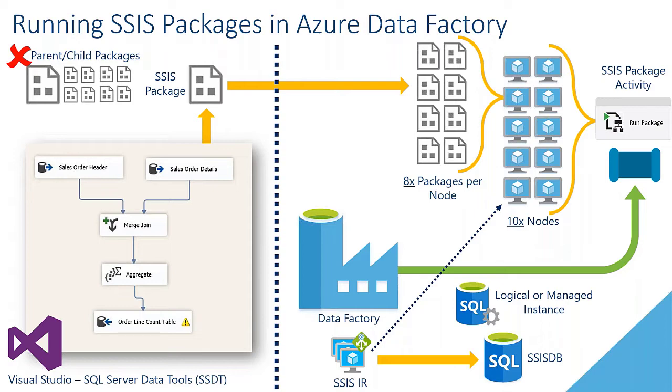But that run package activity, of course, is only going to call one package, so we will need to think about how we scale out those packages if we do move over to the Data Factory side of things. So just bear that in mind. In theory, we would need 80 of these run package activities to make use of all of that compute. So yeah, just something to bear in mind if you have parent and child packages that you want to lift and shift to Azure.